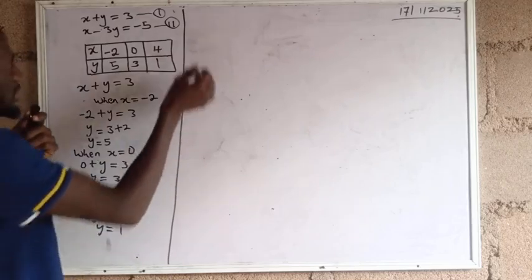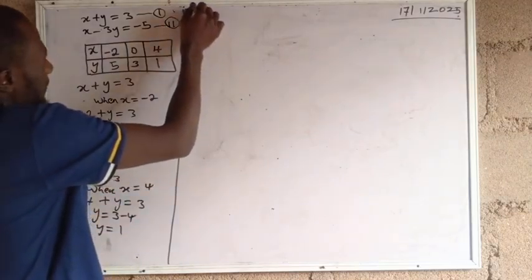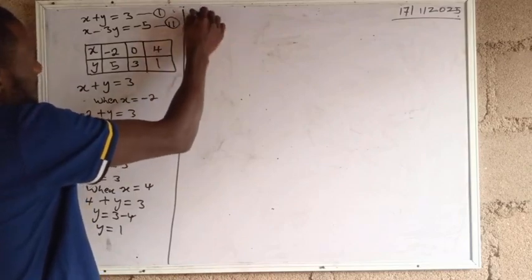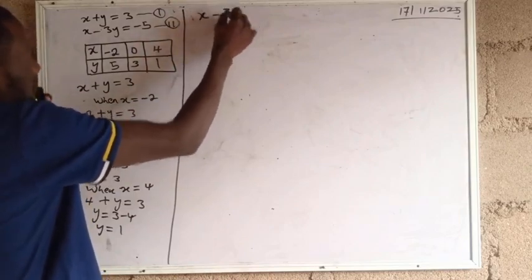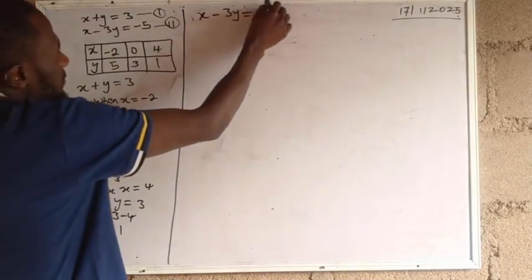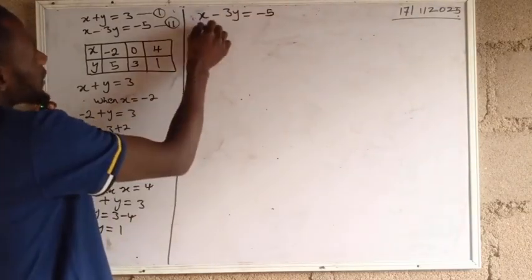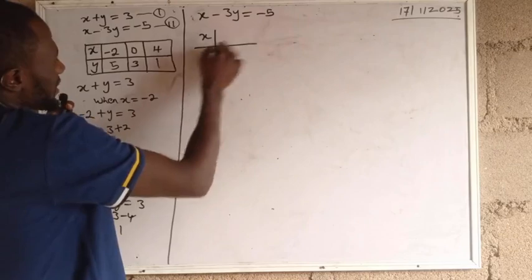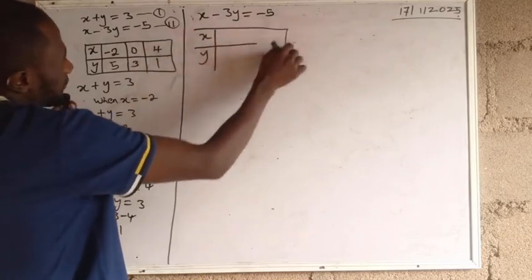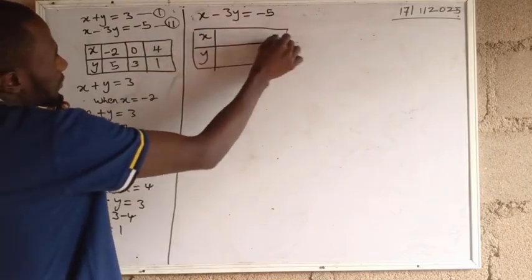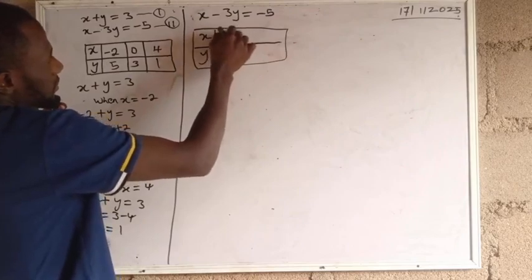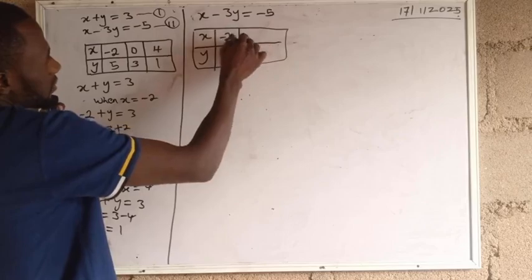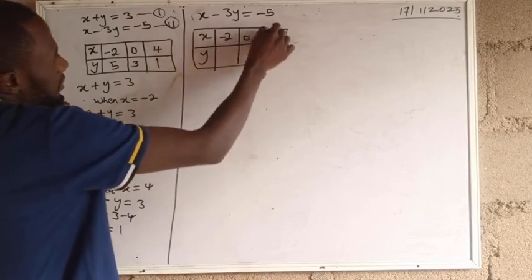We are going to take the other equation. We have x minus 3y is equal to -5. Then we are going to plot the graph of y and x here: -2, 0, and 4.